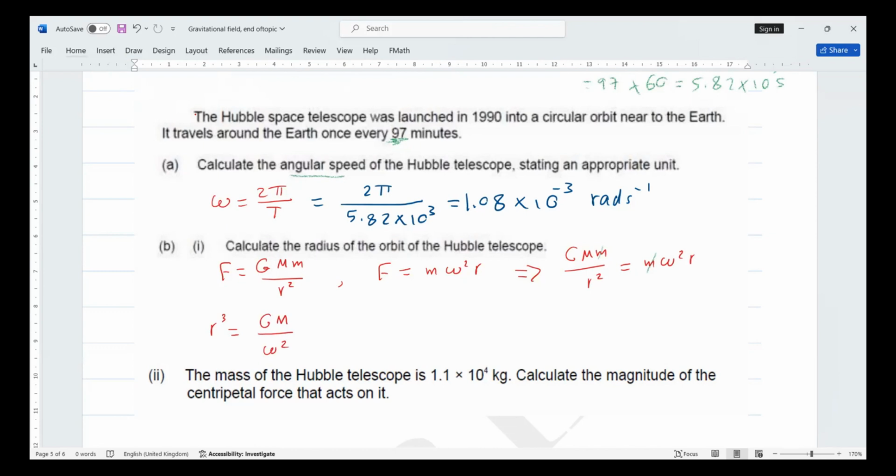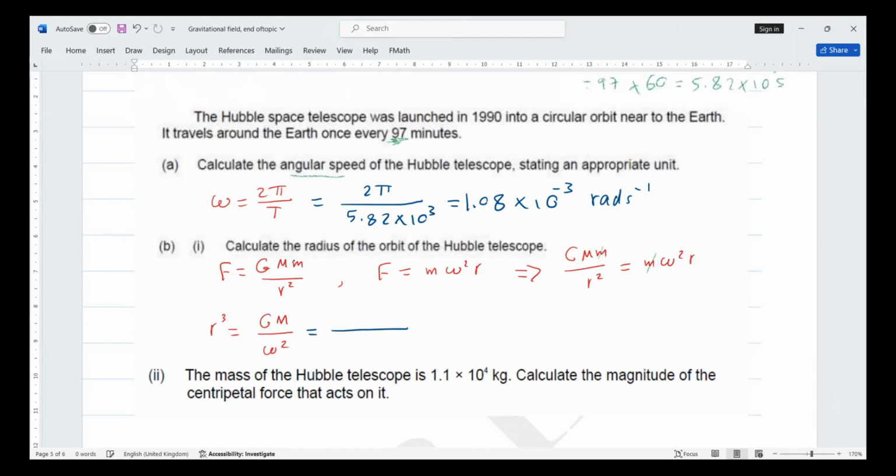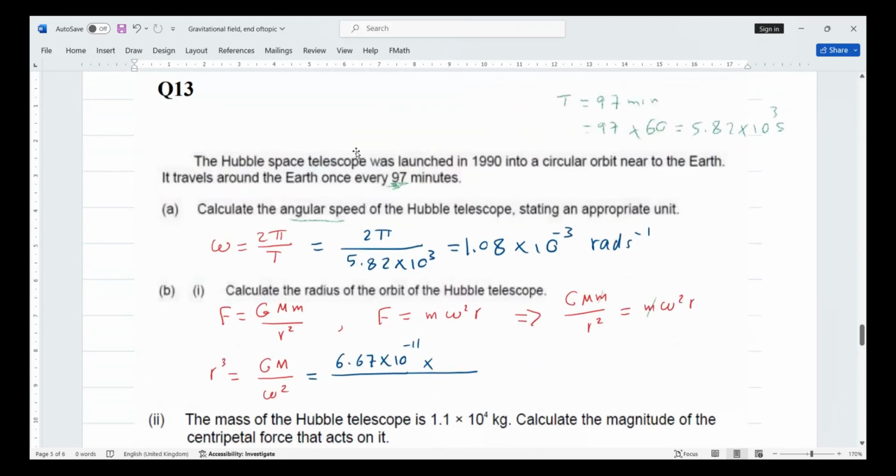So R cubed equals G M, capital M, over omega squared. Now we can calculate R cubed, and we can get R by taking the cubic root. G is constant, 6.67 multiply 10 to the power negative 11. M is the mass of the Earth here. Because it said near to the Earth, what is the mass of the Earth?